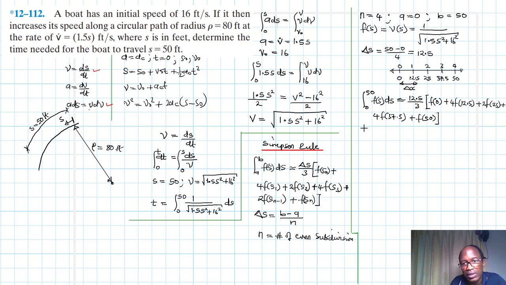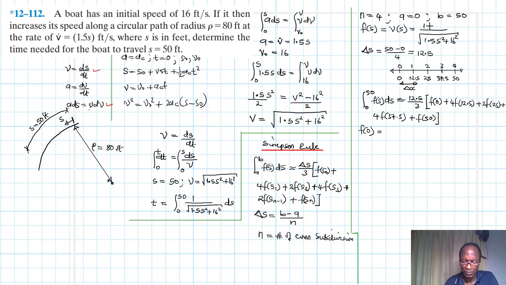So let's find these values. What is our f of 0? We need to plug in our 0 in our function, where we have s. So let me write down this equation in advance. Square root of 1.5 times 0 squared plus 16 squared, and we close this, right?